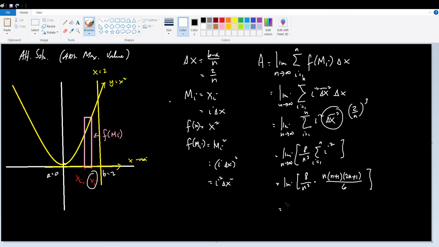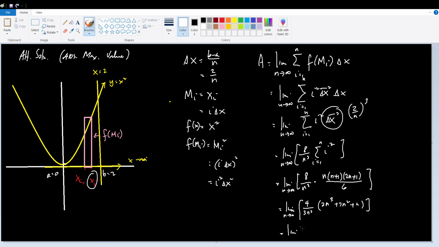So that will be the limit of 8 over 6, which is 4/3, over n cubed. Then we multiply these 3. That will be 2n cubed plus 3n squared plus n. Okay, so limit of, we distribute 4 over 3n cubed to 2n cubed plus 3n squared plus n.